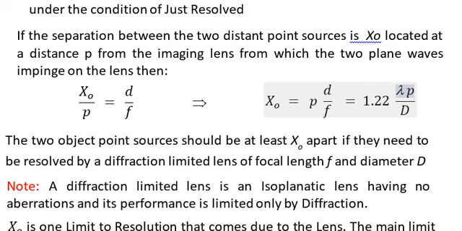So the two stars or the two point sources can come closer to each other if you use a lens of larger diameter. So the diameter of the lens will control the resolution, or the separation between the two point sources which can be resolved. The greater the value of D, the closer the two point objects can come to each other such that they can still be resolved.